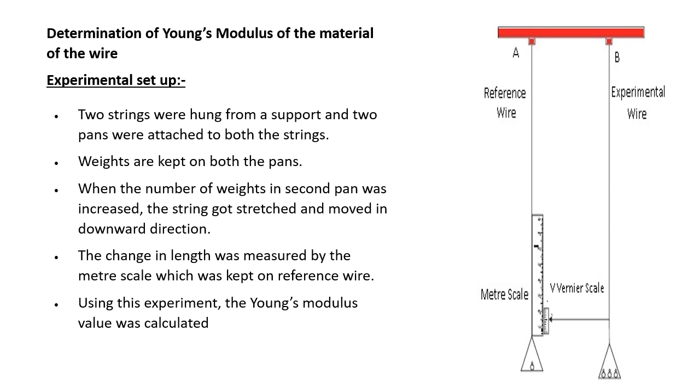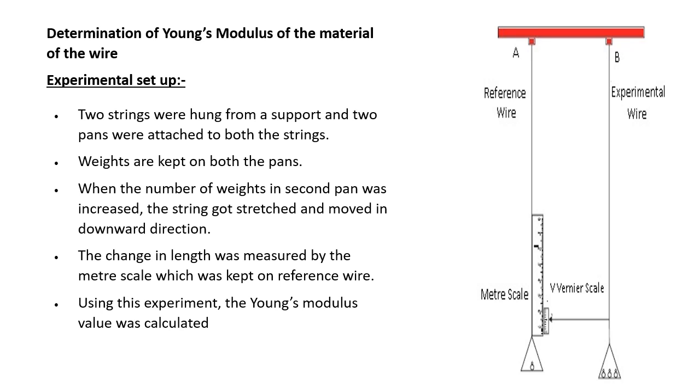Experimental verification of Hooke's law, as shown in the figure: suspend a metallic spring from a rigid support and attach to its lower end a pan and a pointer. Arrange a scale in the vertical position so that the pointer is able to move along it.